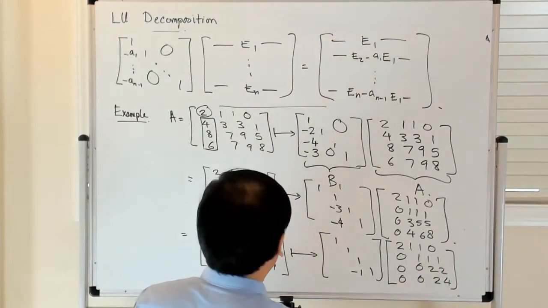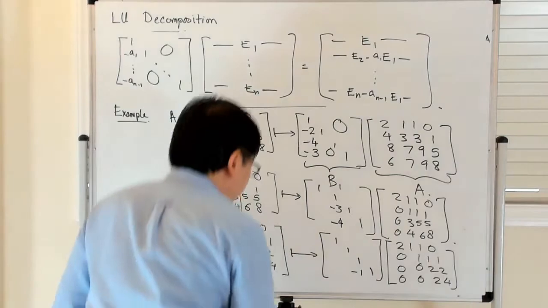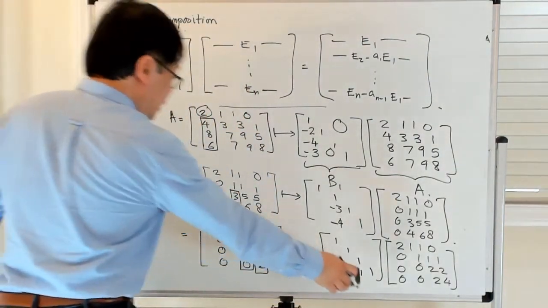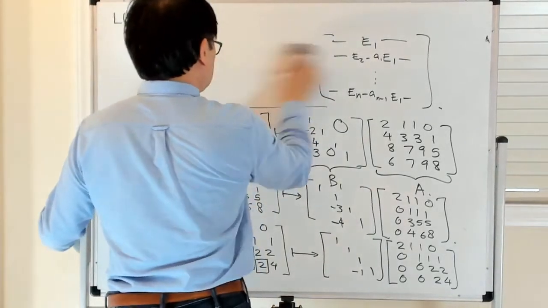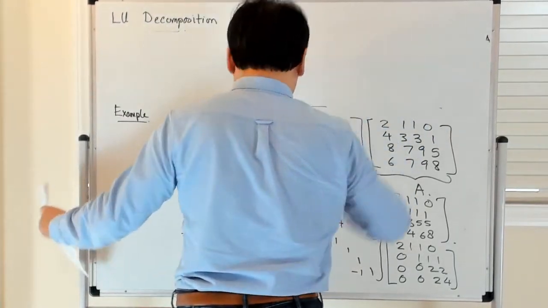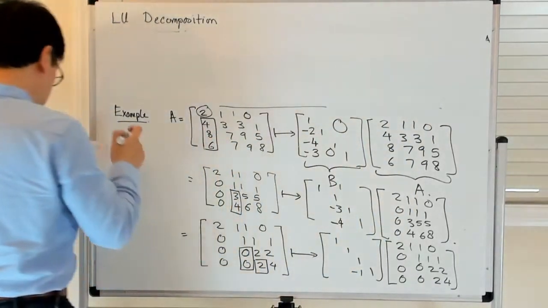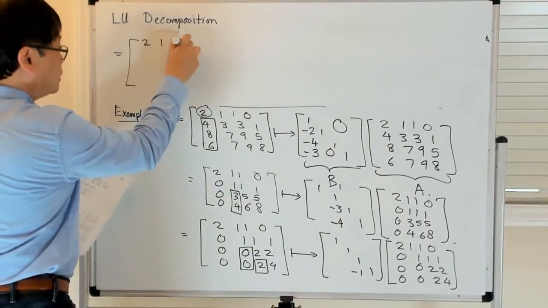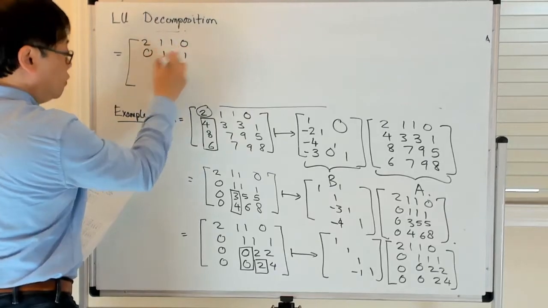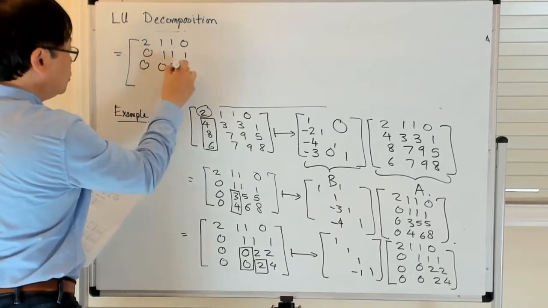I've run out of space, but let me just say that that is equal to now an upper triangular matrix. So that's going to be equal to 2, 1, 1, 0, 0, 1, 1, 1, 0, 0, 2, 2.